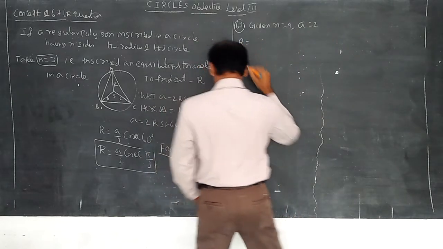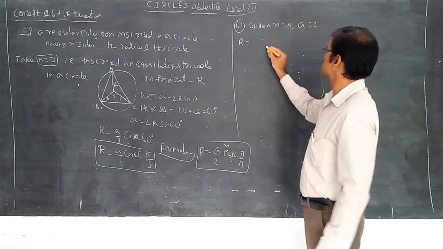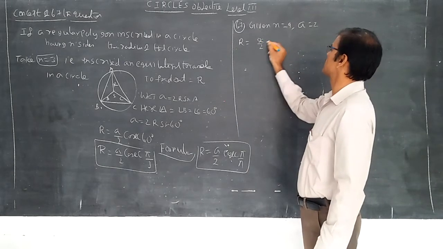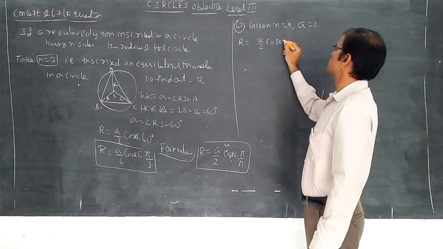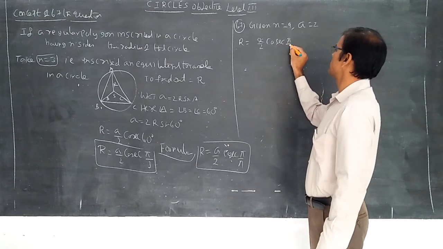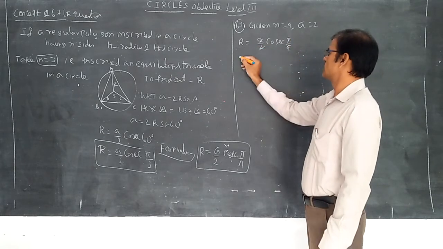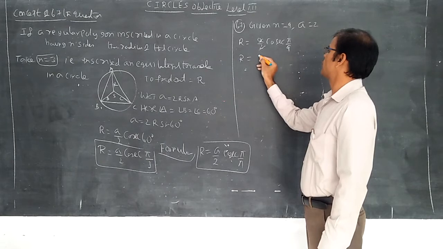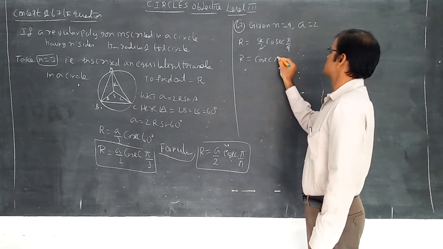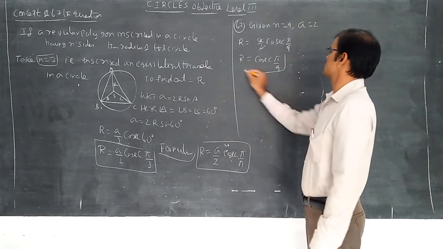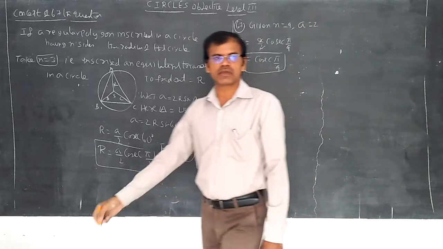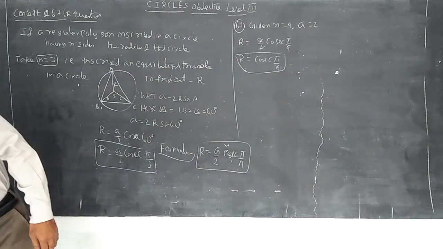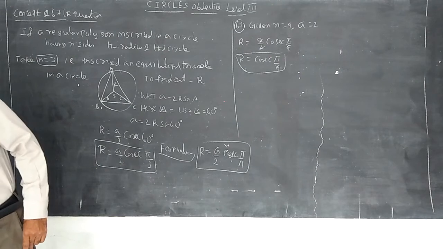Capital R is equal to, using the formula, a by 2 cosecant pi by 9. So 2 by 2 into cosecant pi by 9. 2 and 2 get cancelled. So according to the formula, the 67th question answer is capital R is equal to cosecant pi by 9. Yes, it is the second option.